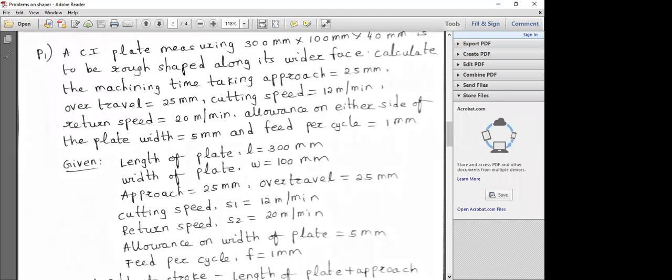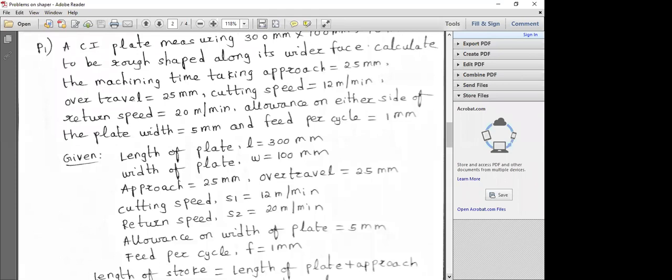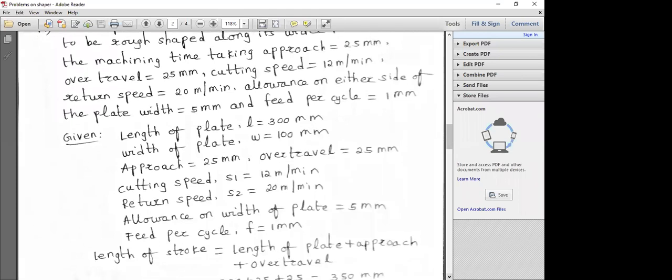So what is the length of stroke? I already told you. Length of stroke is equal to length of plate plus approach plus over travel, L1 plus L2. The approach will be in mm, and over travel will be in mm, because you place the tool just before the job in order to start the machining cycle on the shaper machine.